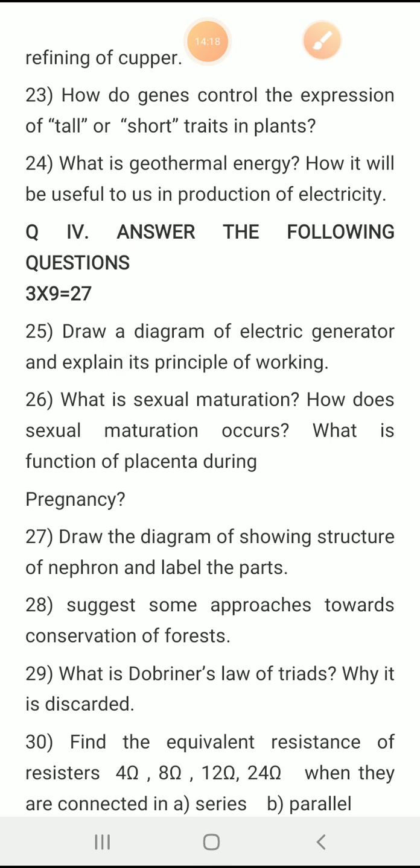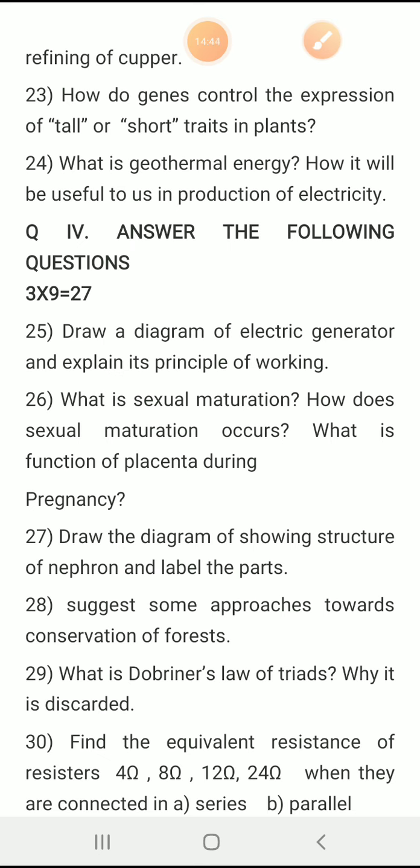So next question is, what is Dobereiner's law of triads? Why it is discarded? Dear children, you know that this question is pertaining from the lesson which is periodic classification of elements in the chemistry. And answer for this question is, I just read out, kindly listen it very carefully.